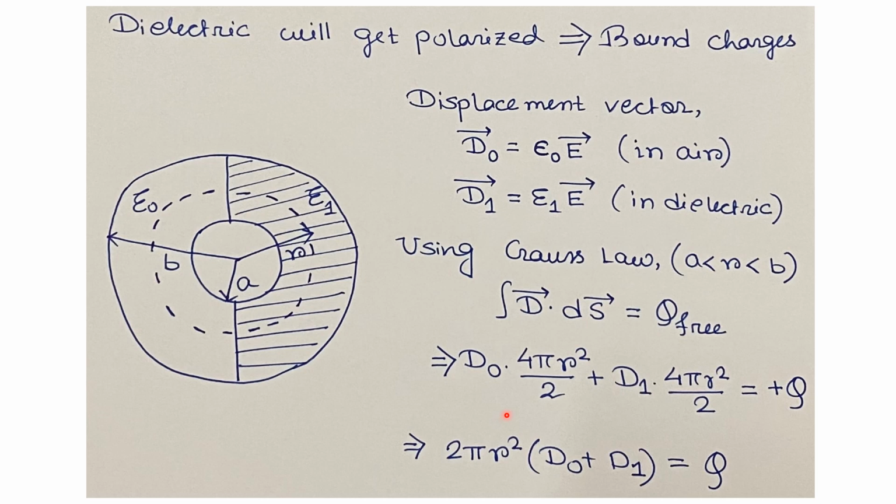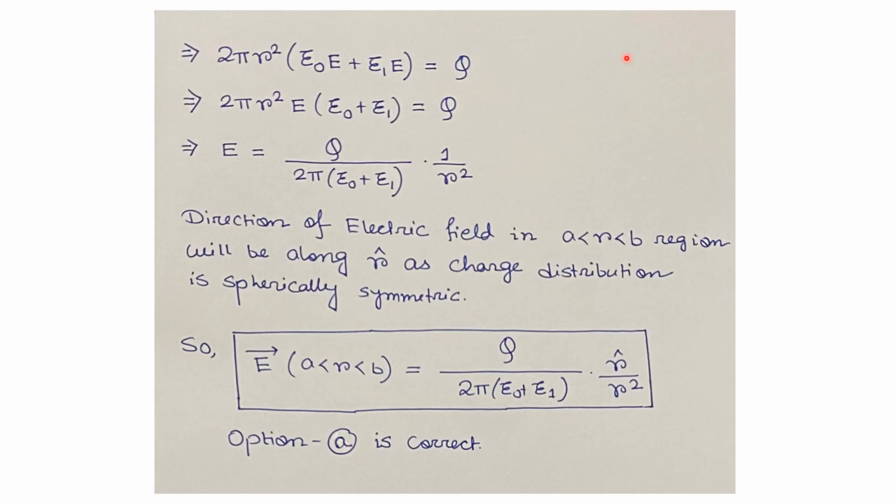So we can take this 4 pi r square by 2, that is 2 pi r square, as common, and we will have 2 pi r square times (D naught plus D1) equals q. We can write it as 2 pi r square times (epsilon naught E plus epsilon 1 E), which is basically our displacement vectors D naught and D1, equals the free charge enclosed by the closed surface, that is plus q.